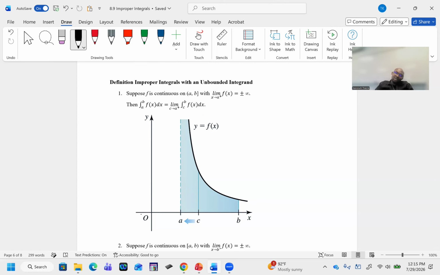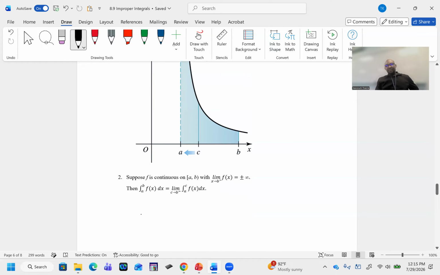Then the integral from a to b of f of x dx will be equal to the limit of the integral from c to b of f of x dx as c approaches a from the right.